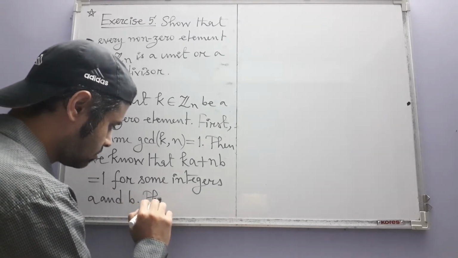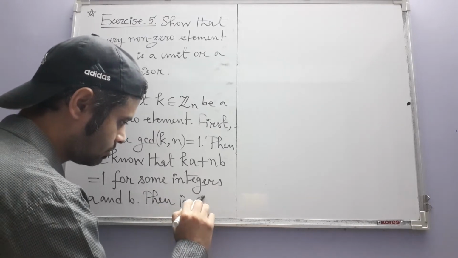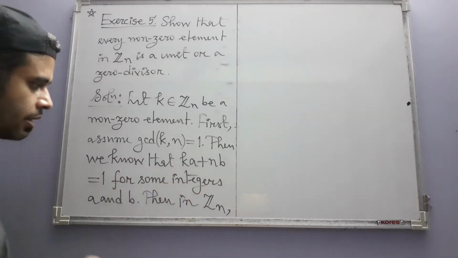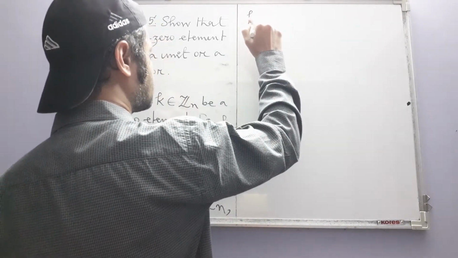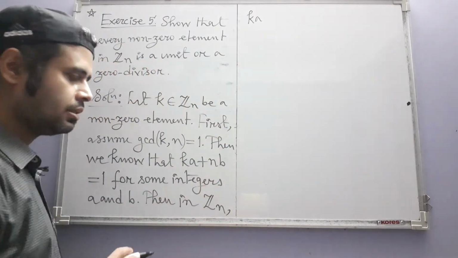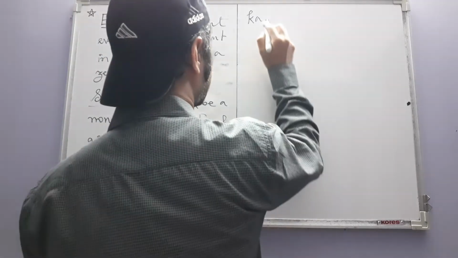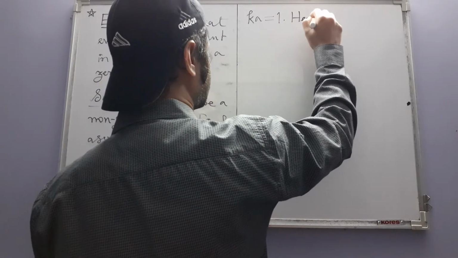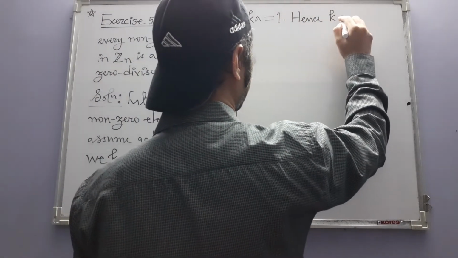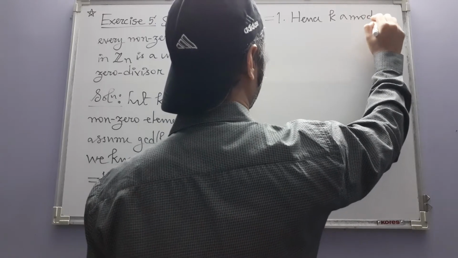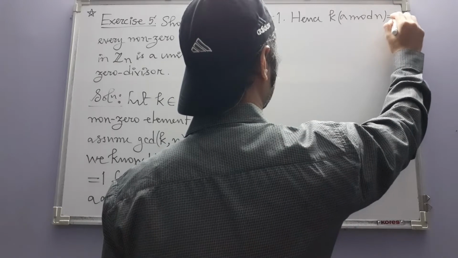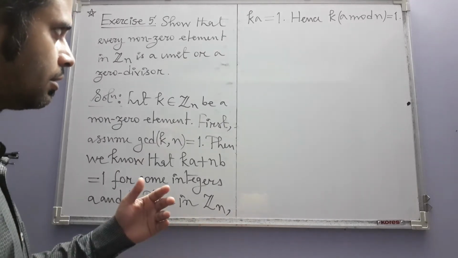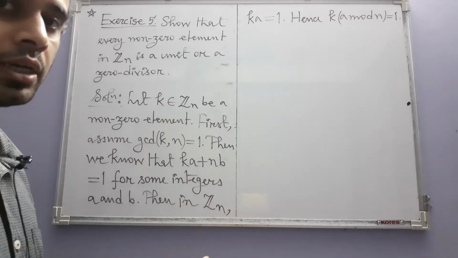Then in this ring, this equation leads us to this, because in this ring nb is equivalent to 0, so ka is equal to 1, hence k times a mod n is also equal to 1, because we are in this ring Zn, so addition and multiplication have their modulo n versions.